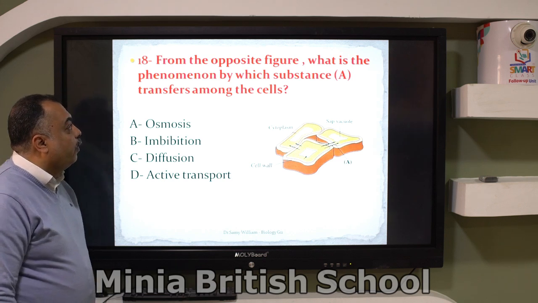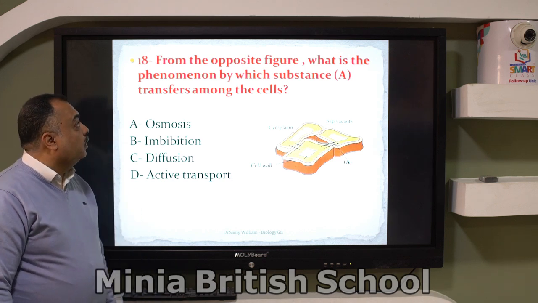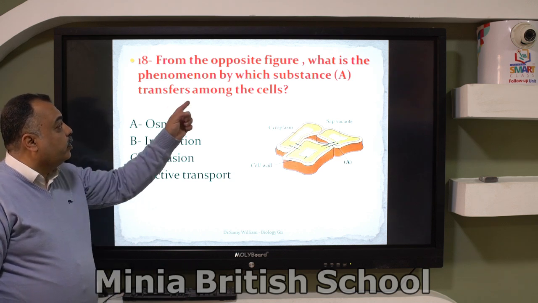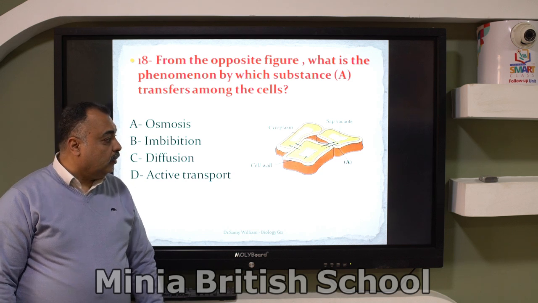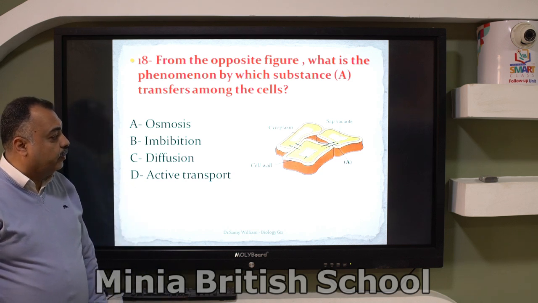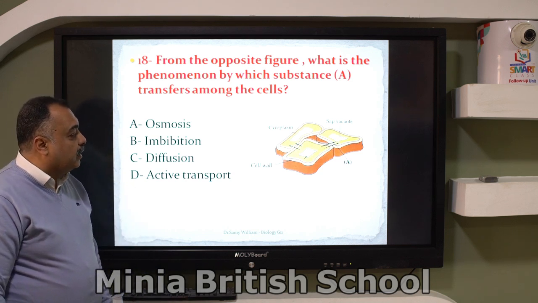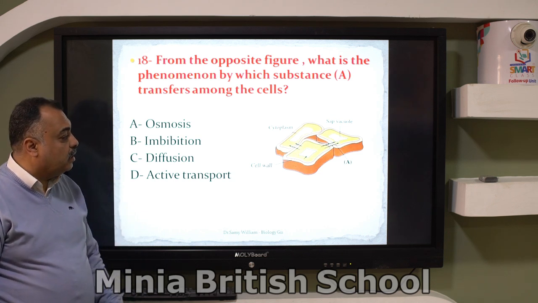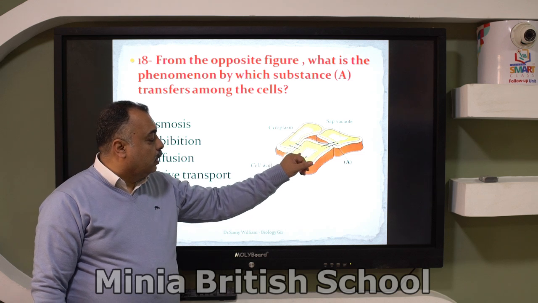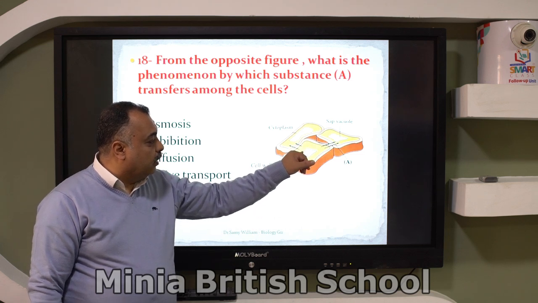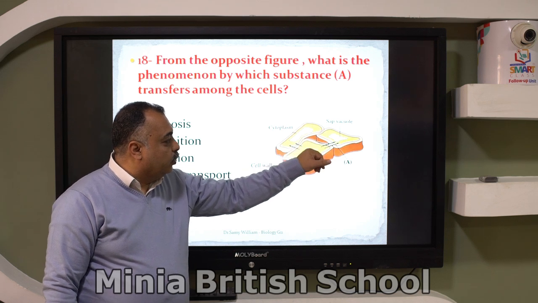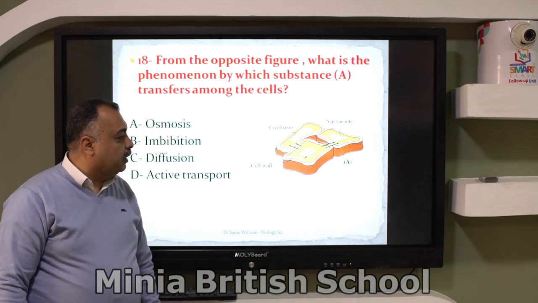18. From the opposite figure, what is the phenomenon by which substance A transfers among the cells? As you see here, we have the arrow going inside the cell vacuole, and from one cell to another cell.